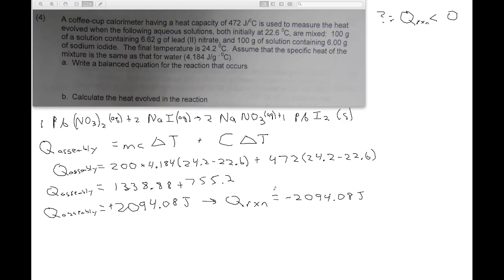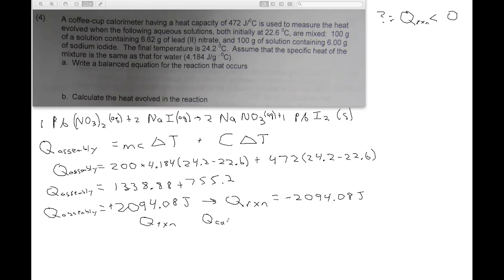When you were articulating that, I don't know if everything you were saying was quite right. It sounded like you were going back to the MC delta T and the C delta T, but we don't need to go back to those. We can just say, in general, what's the relationship between Q reaction and Q for the calorimeter? What's the general formula that relates them?